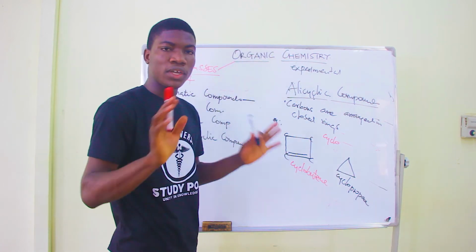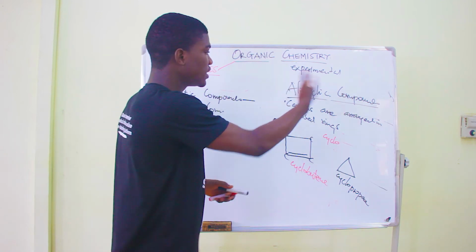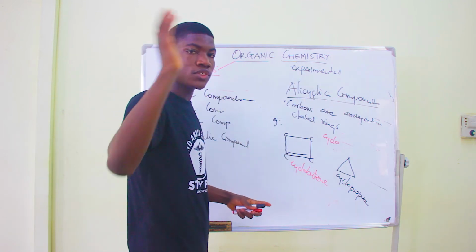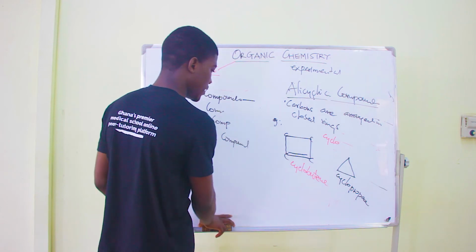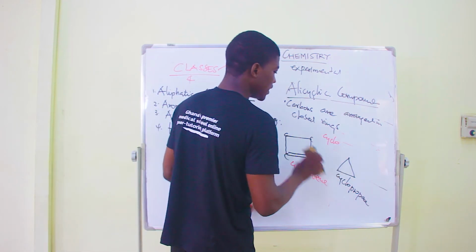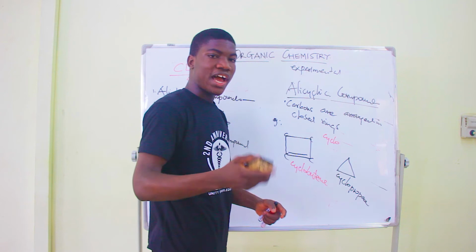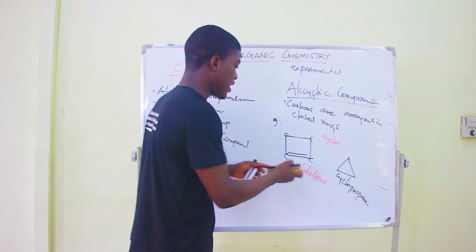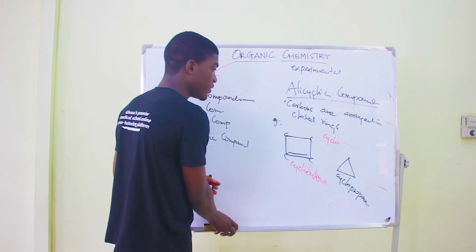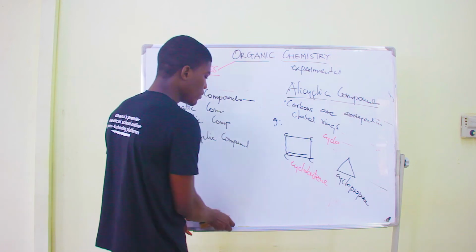We are not learning nomenclature, so I'm not going to teach you how to name these compounds until we get to that session, okay? For now, just know that these compounds are recognized by the closed ring.